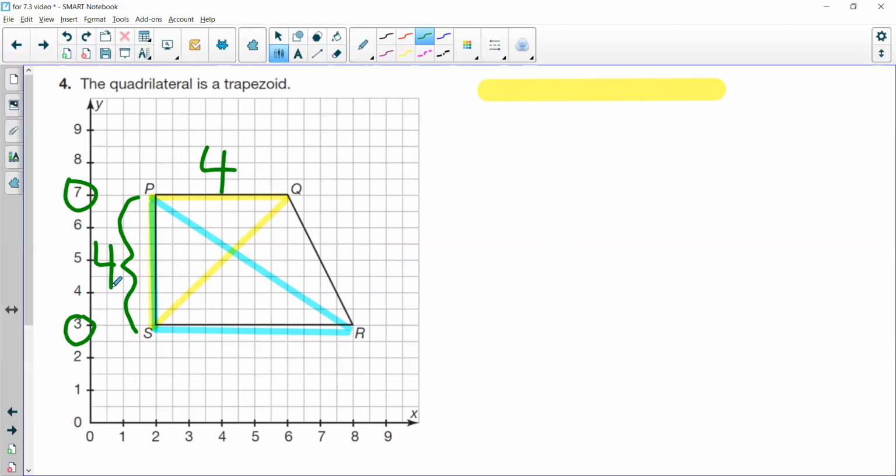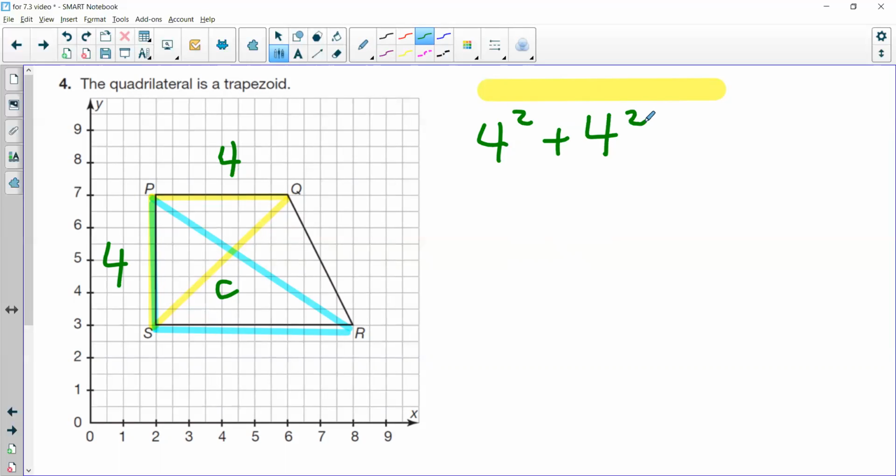What we do not know is the hypotenuse, which we will call C. So we have 4, 4, and C. So our Pythagorean relationship will say 4 squared plus 4 squared equals C squared. Now, I'll let you guys figure it out from there, but that's how we're going to think about this.